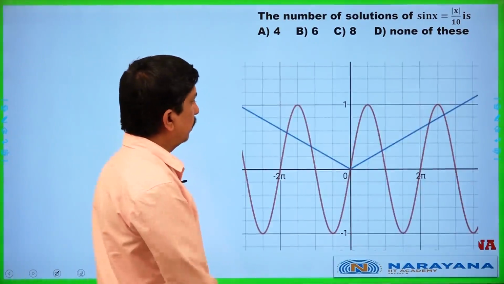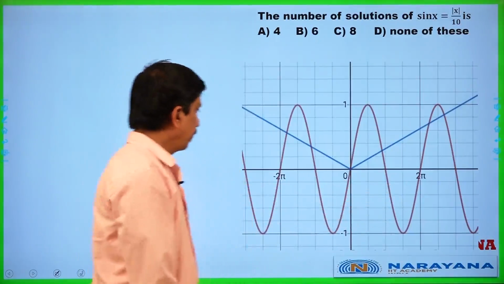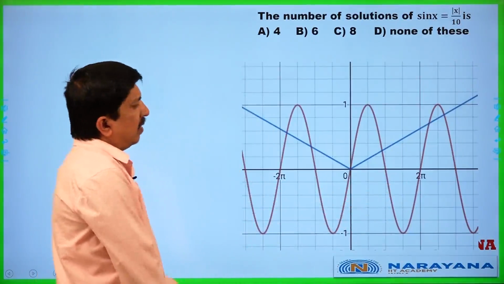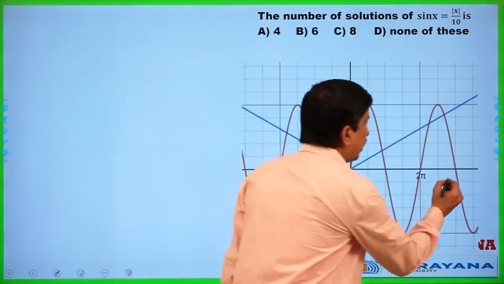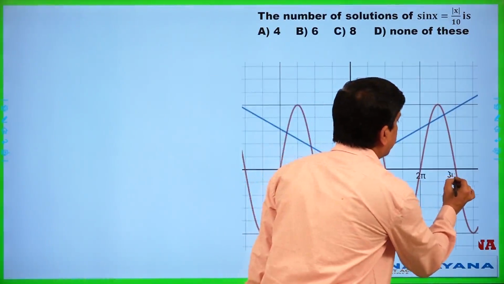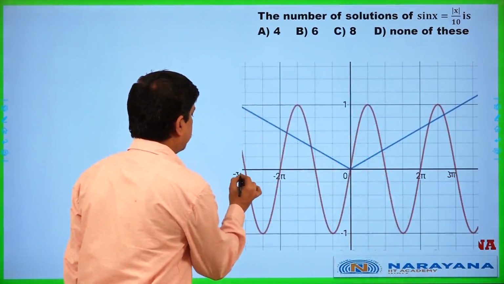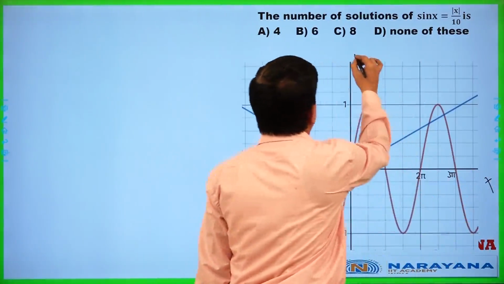Now observe this: 0, 2 pi, here minus 2 pi you are getting. After that you will get 3 pi, and this is minus 3 pi, this is the x axis, this is the y axis.